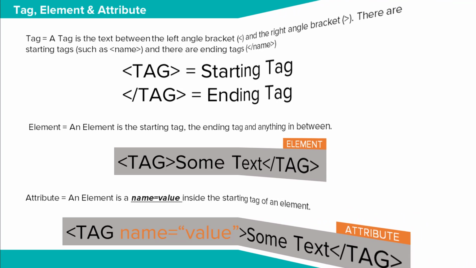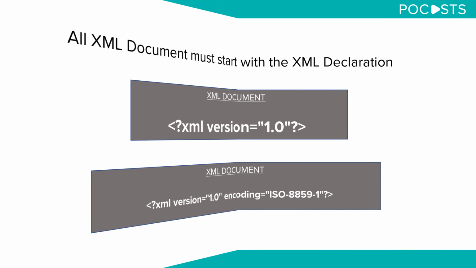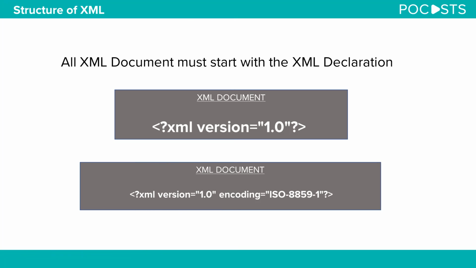Now let's look at how we structure the XML. Let's start with the basics. When you open an XML, the first line you should see is the XML declaration, which is mandatory for all XMLs.